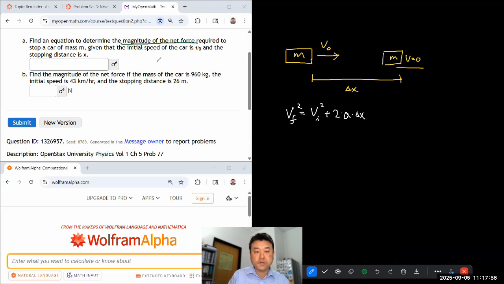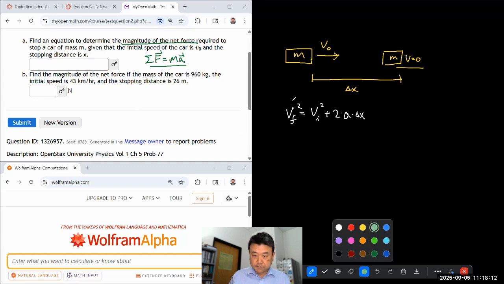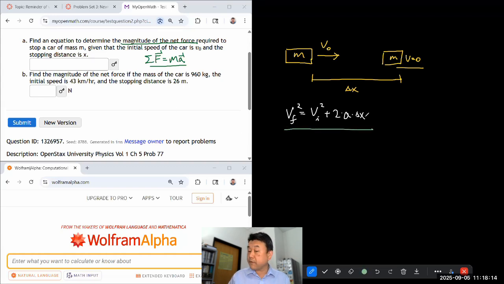Now the question isn't asking for acceleration, it's asking for magnitude of net force. But hopefully you remember Newton's second law that says net force is equal to mass times acceleration. So if you have acceleration, then you are only one step away from figuring out the net force. So let me take this expression and solve it for acceleration. Let me first do the algebra, then I'll worry about the signs.